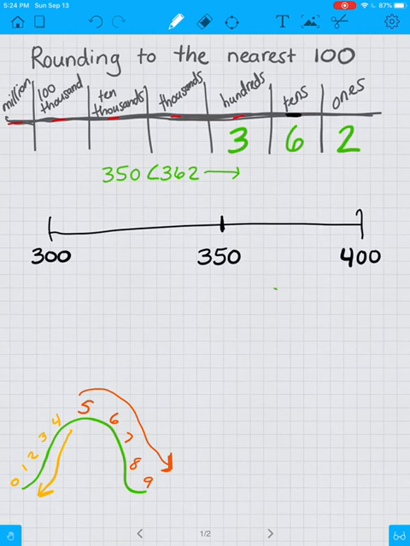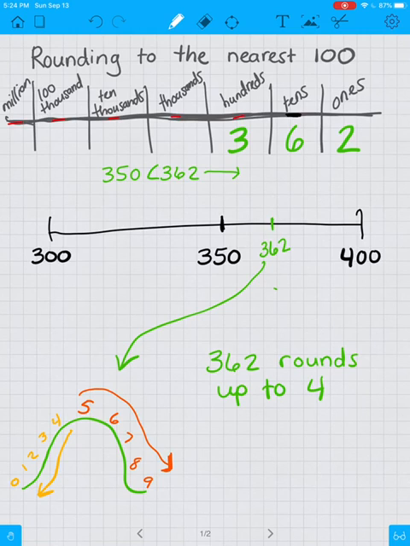So it would be roughly, I think, somewhere about here. So then I look at my little roller coaster, and I know if it's past the 5, I need to round up. So my answer is 362 rounds up to 400.